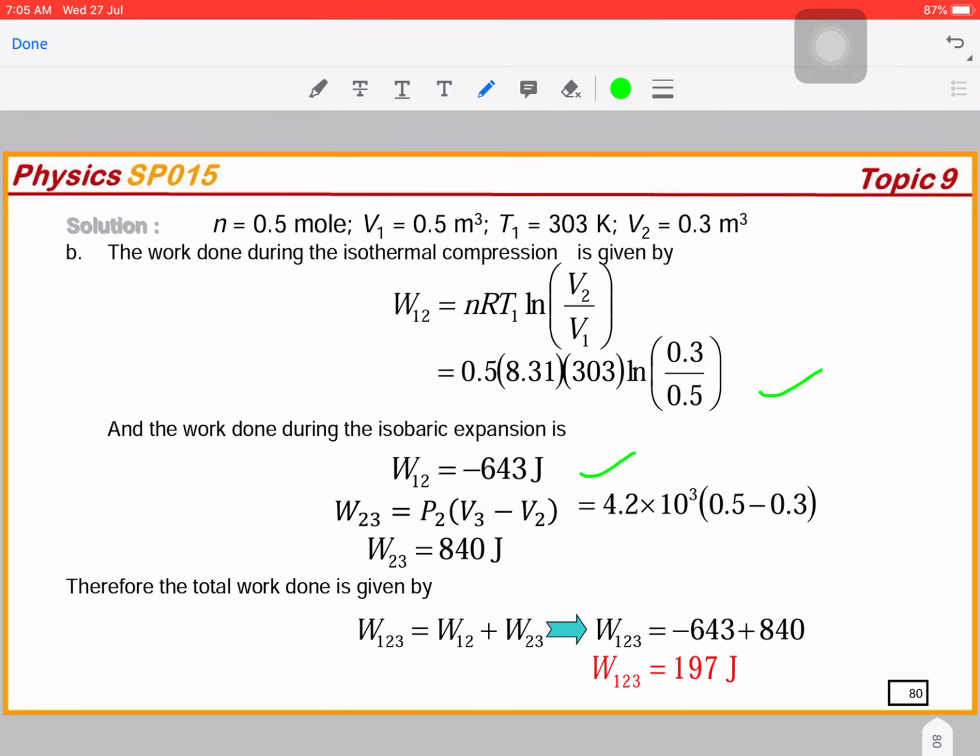So since it is an isobaric process, so P2 V3 minus V2, so substitute the value, you're going to get W23 is 840 joule. So in order for you to find W123, you just add W12 plus W23. So you have 197 joule.